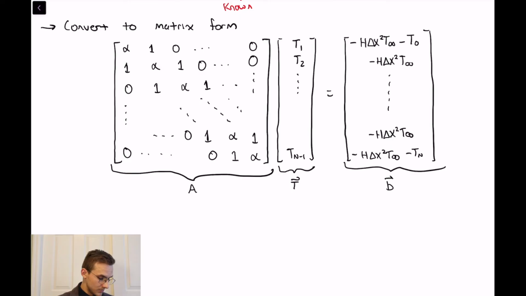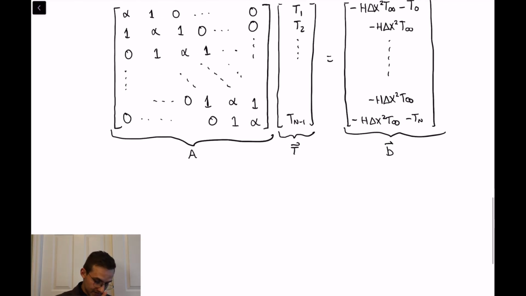So we can obtain the value of the temperature at all the interior points directly, and that's where that direct method name comes from. We can find this value directly by solving the following system.